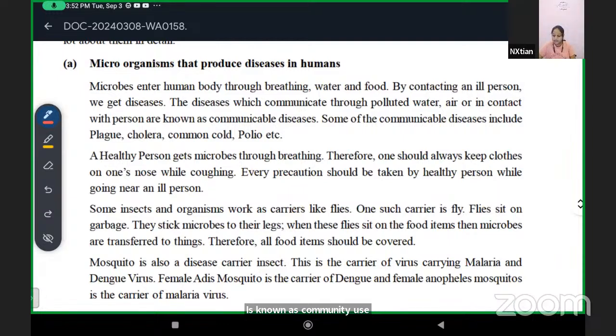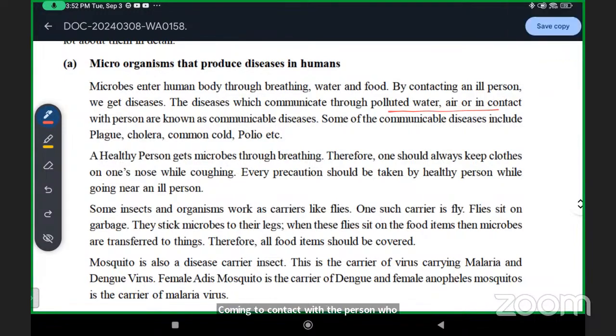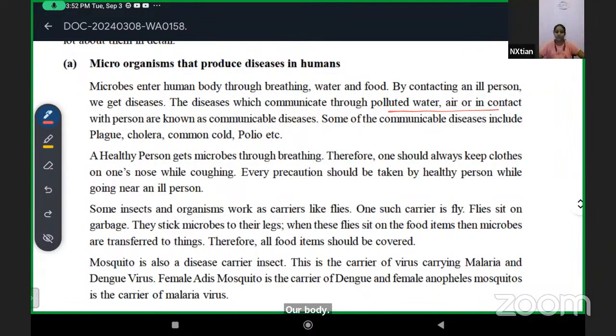Okay, when we come into contact with a person who has a disease, those microbes enter our body. So when this happens, those kinds of diseases are known as communicable diseases.